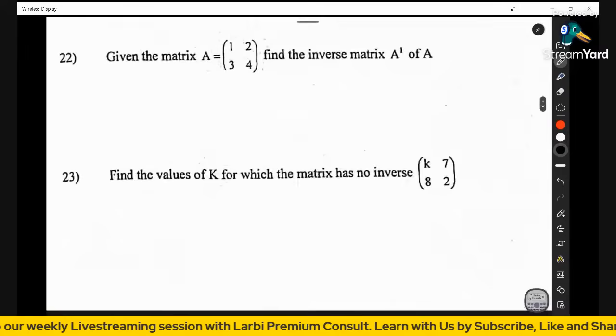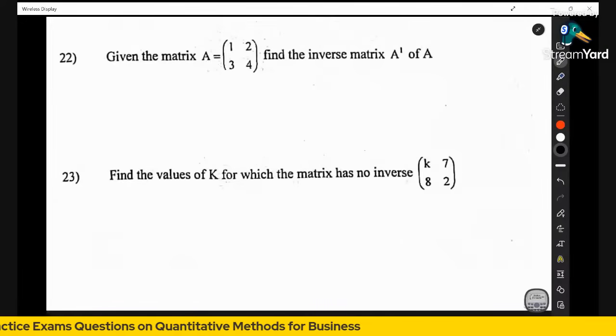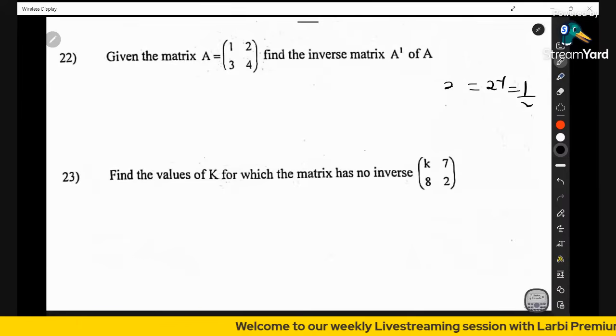Question number 22. Given that matrix A is equal to 1, 2, 3, 4, find the inverse of matrix A. To find the inverse of a matrix is very simple. You first need to find the determinant of the matrix, and you find the inverse of that determinant. So if I want to find the inverse of 2, it is the same thing as 2 to the power of negative 1, which is 1 over 2.